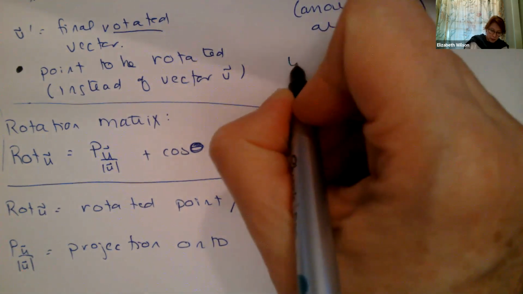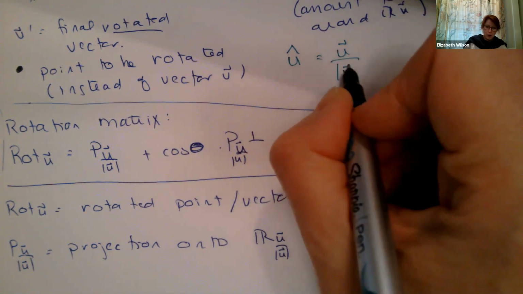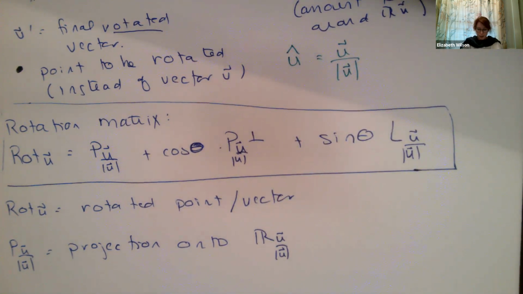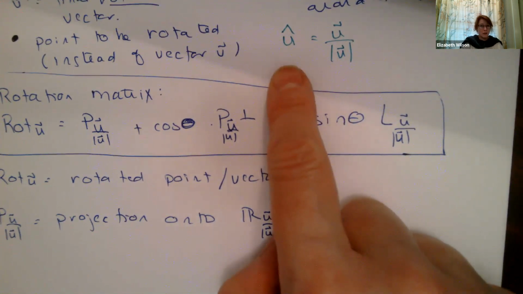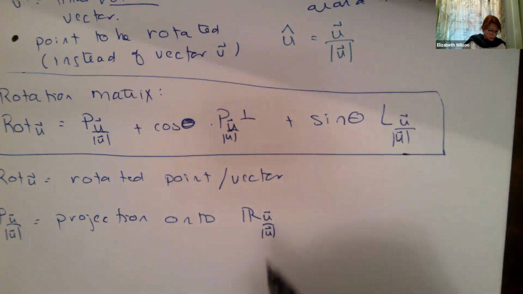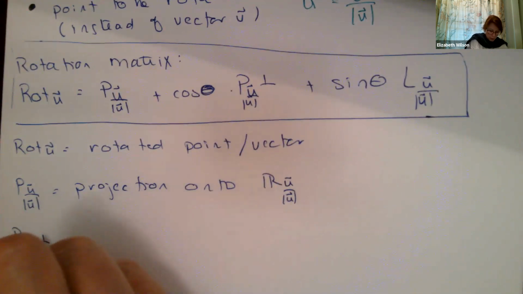So U with a little hat on it is a symbol for our unit vector. But I'll keep writing it out like what it is, just so that you know that we could write this in shorthand. If you look at your notes, it's going to look like this. So this means perpendicular, right?